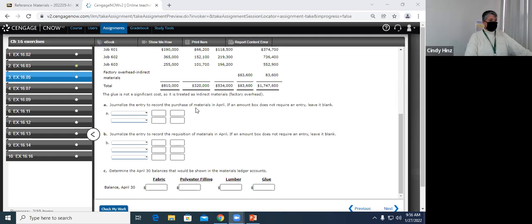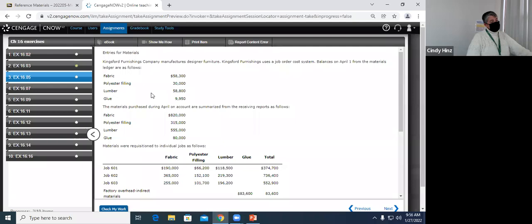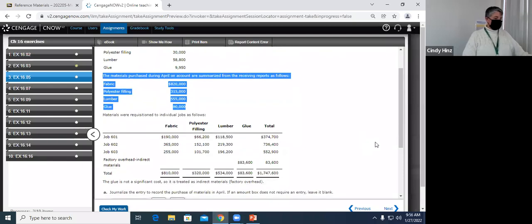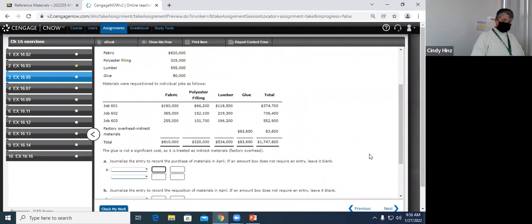Our first entry, though, is to record the purchase of materials. Did anyone have a total dollar amount for that? How much we purchased? We're given it right here, materials purchased during April. Someone give me the total on that.